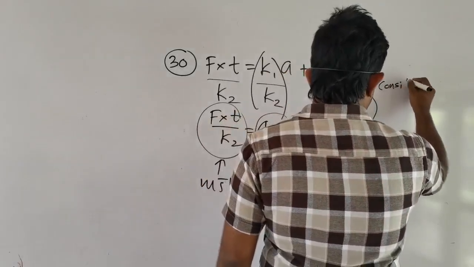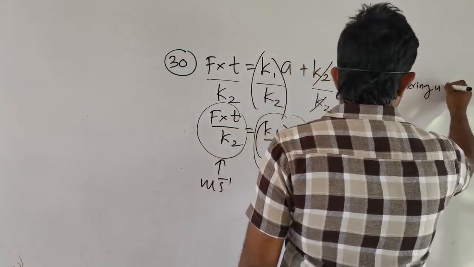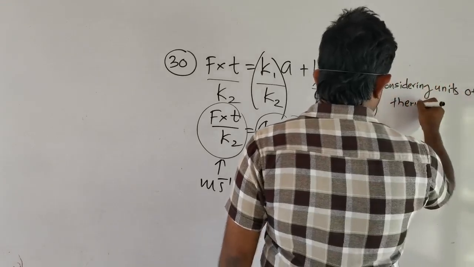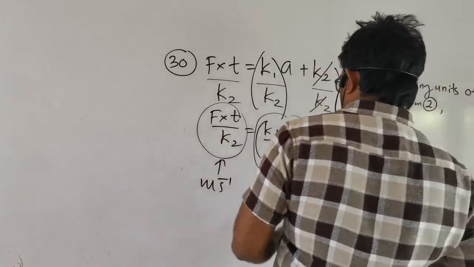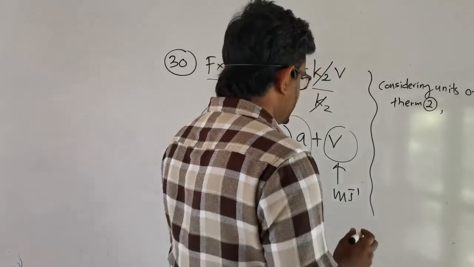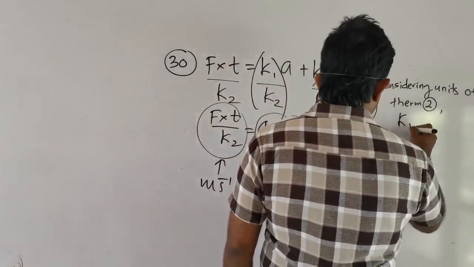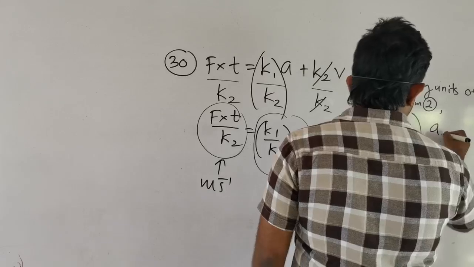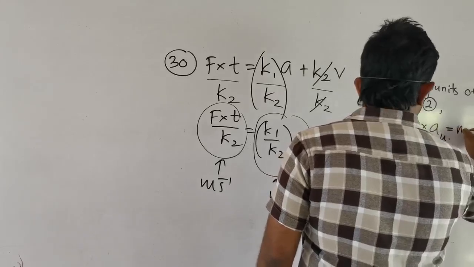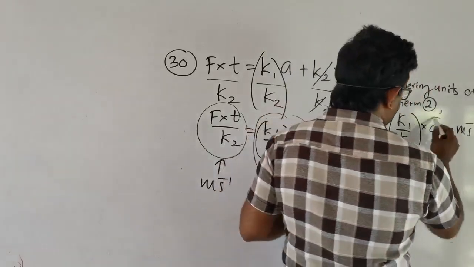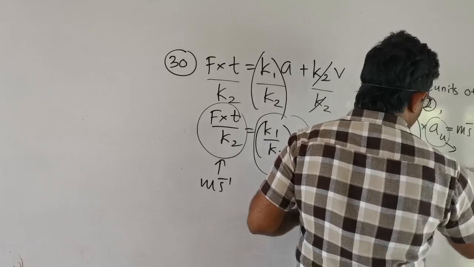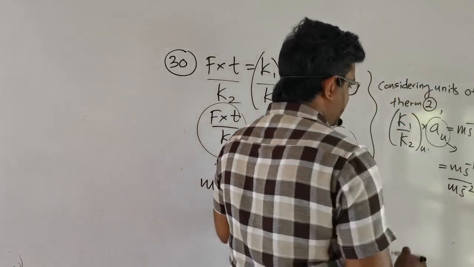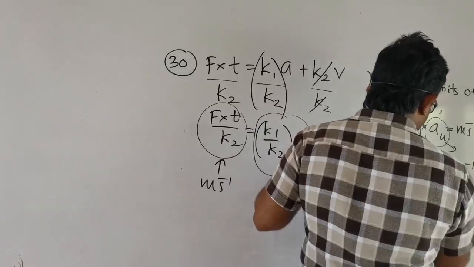Considering units of term 2, we can write k1 over k2 units into units of acceleration, this is equal to ms minus 1. So we can cross multiply, then ms minus 1 divided by units of acceleration ms minus 2, right? So these are the units of k1 over k2.